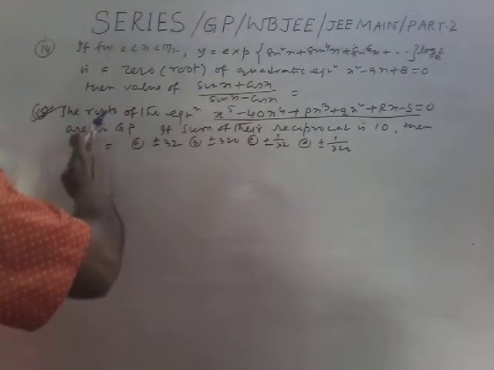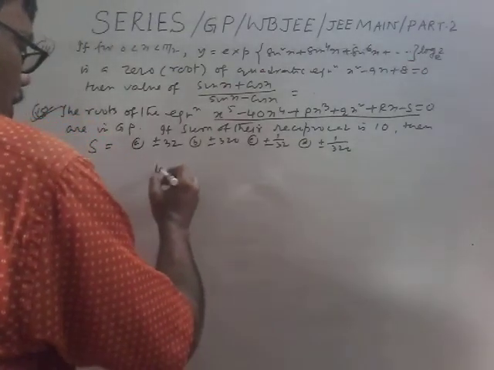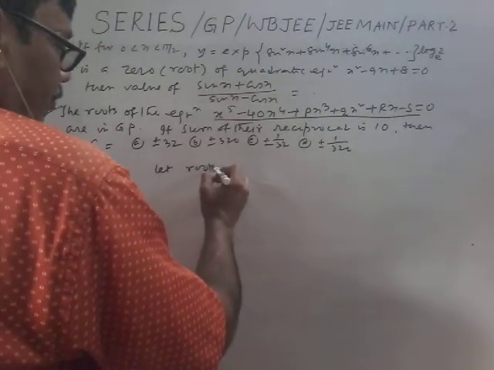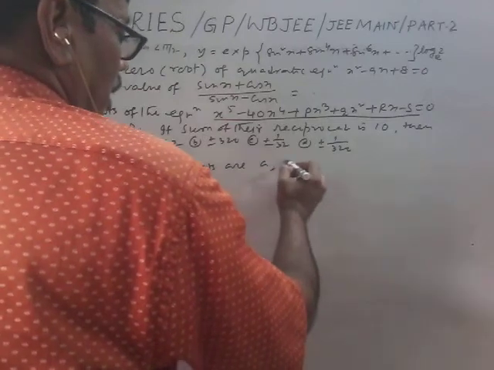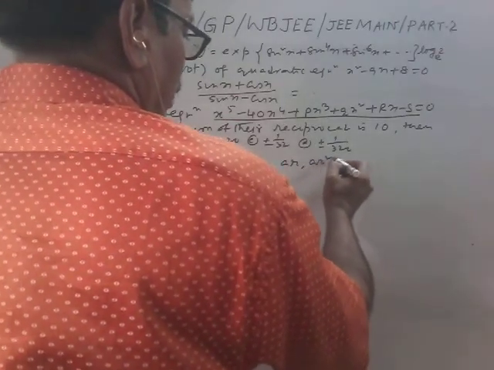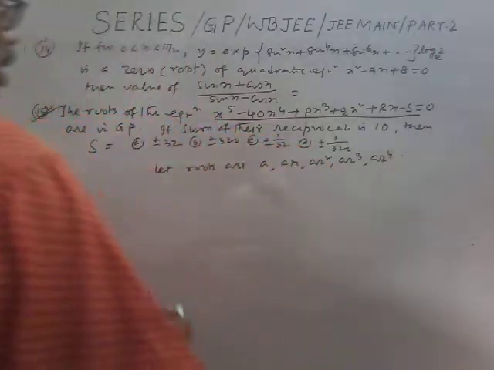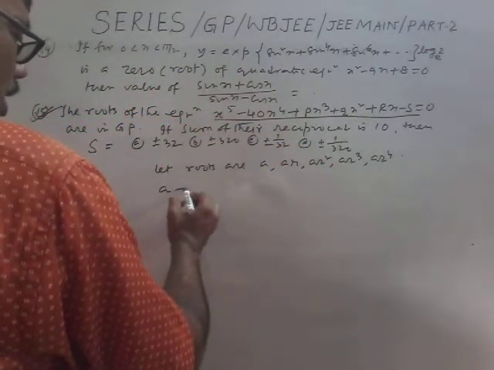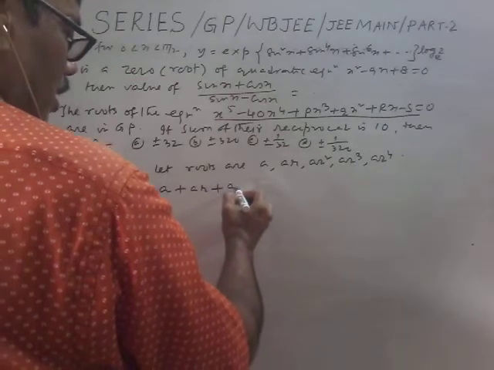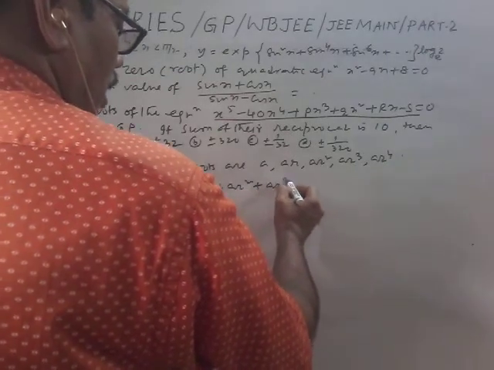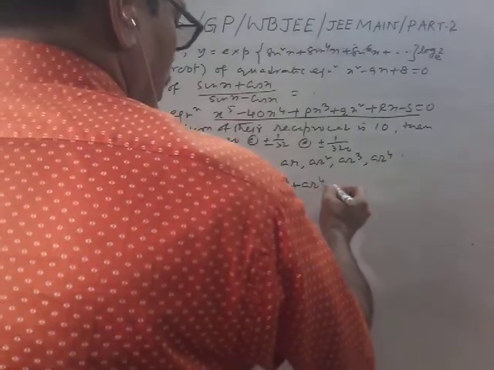The roots of the equation are in GP. So let the roots be A, AR, AR square, AR cube, AR to the power 4. So what is the sum of the roots? A plus AR, AR square, AR cube, AR to the power 4.